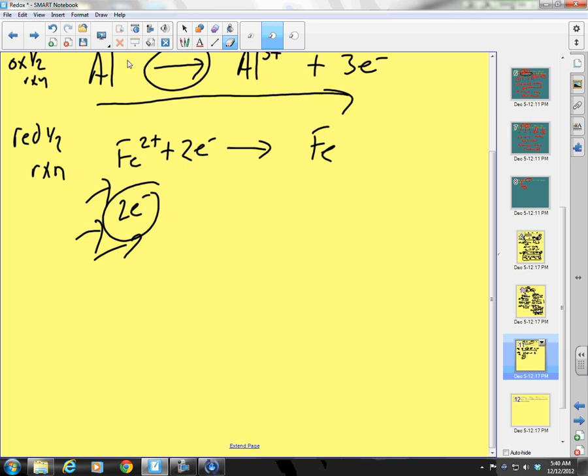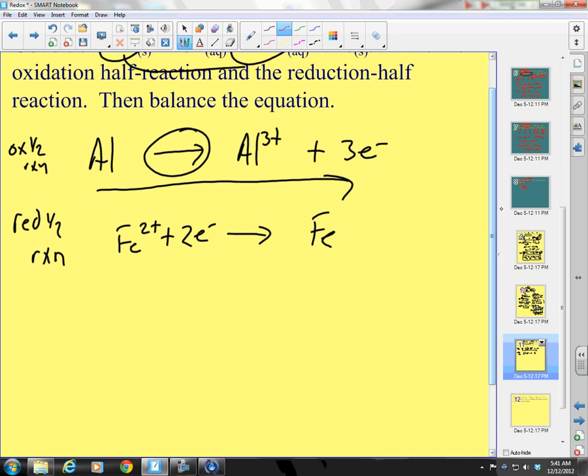How do I figure out how many times each of these occur? Well, we're going to go back to our wonderful least common multiple between my number of electrons. Every time my oxidation half reaction occurs, 3 electrons are released. Good. Every time my reduction half reaction occurs, 2 electrons are consumed. What's my least common multiple between 3 and 2?